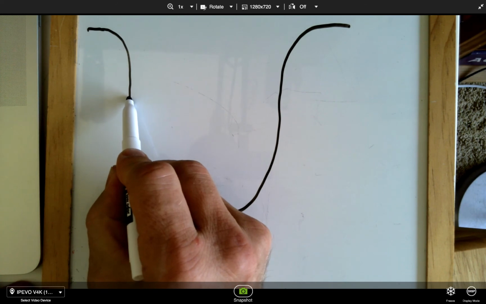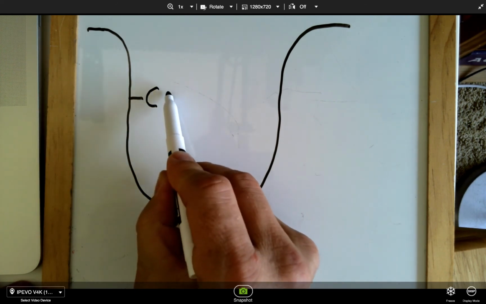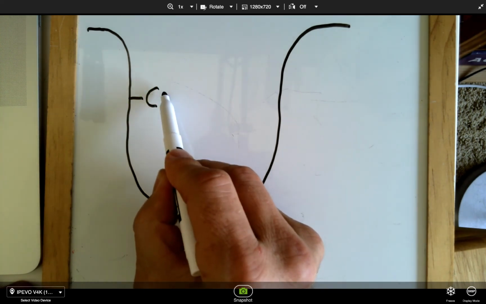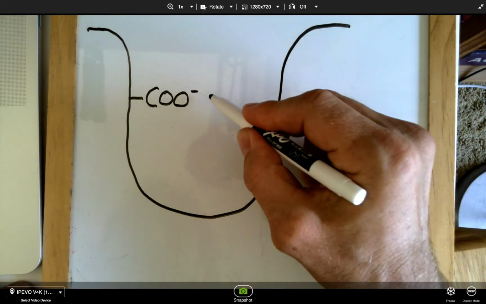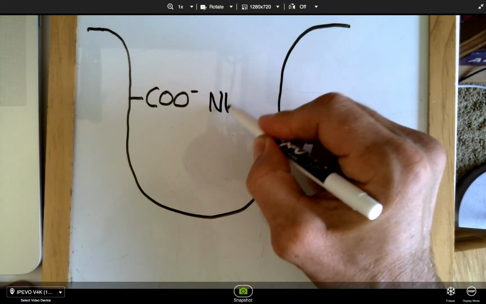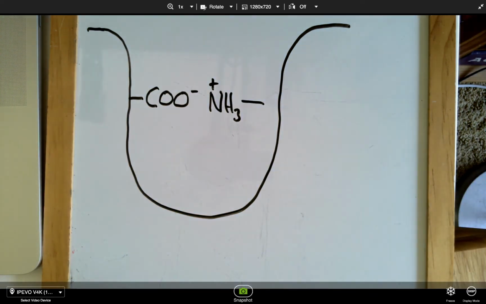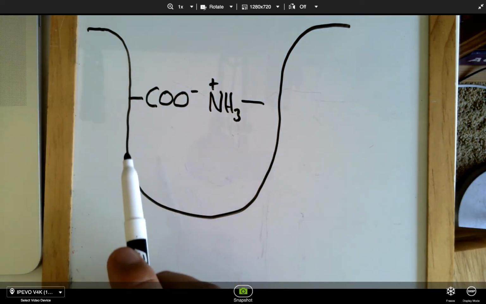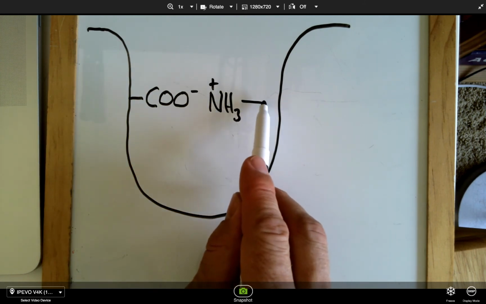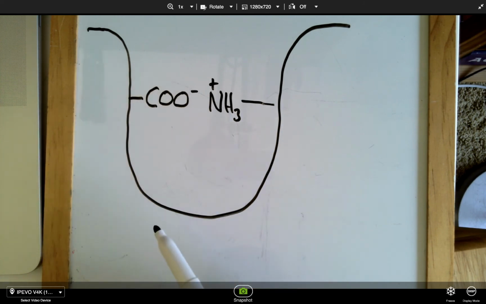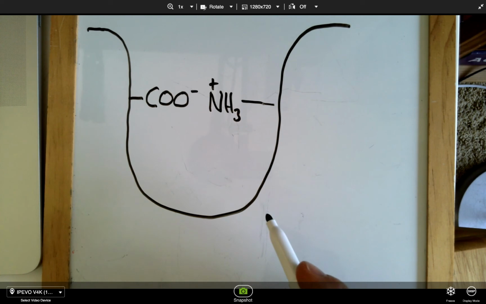It is accommodating an interaction between this amino acid, O minus, and this one, NH3 plus. So this amino acid has a carboxyl group in its R group. This amino acid here has an amino group in its R group. So maybe this one is aspartate, maybe this is lysine.